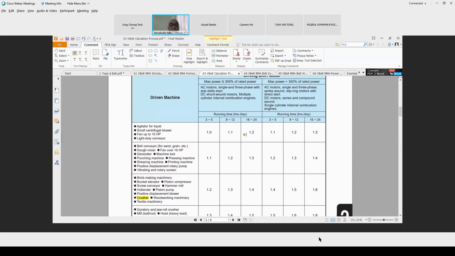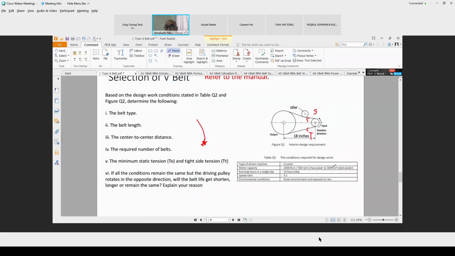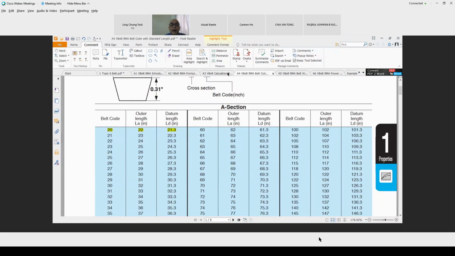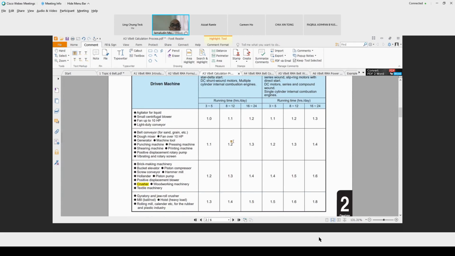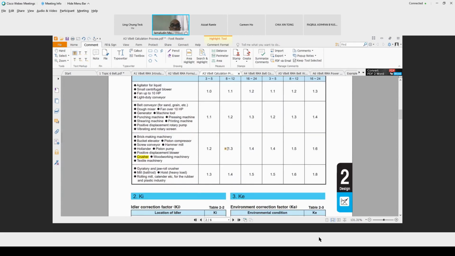Running time per day, maximum power going to be less than 300% of the rating. Let's check the detail of the question. Less than the power rating, less than 300%. That means it's going to be this one, A3. It's going to be 10 hours. It means it's going to be 1.3.